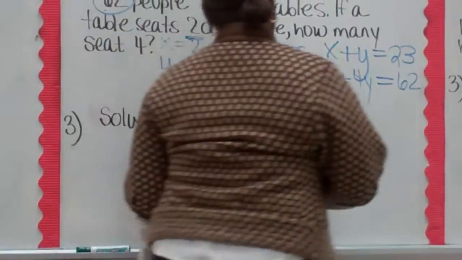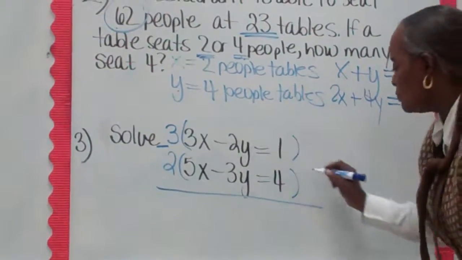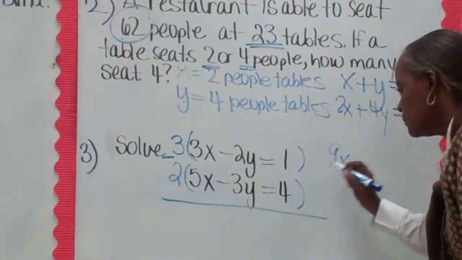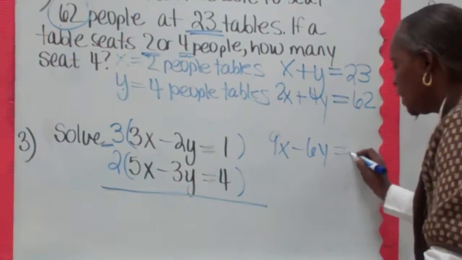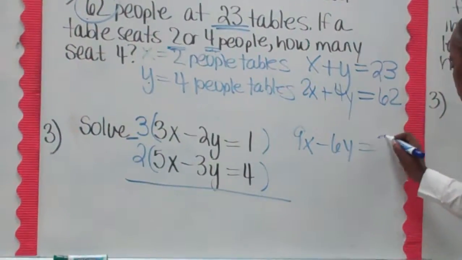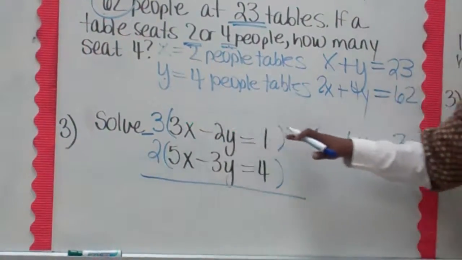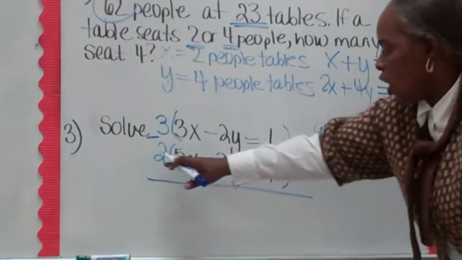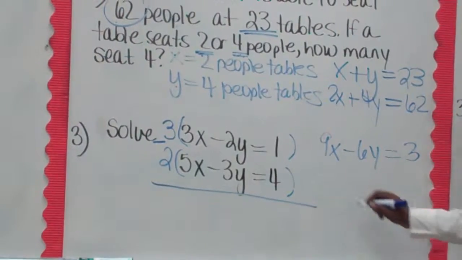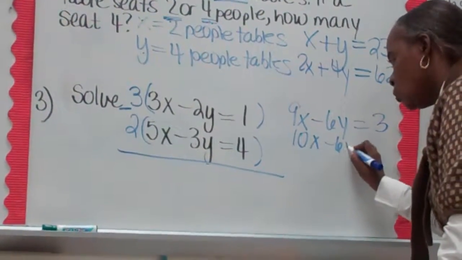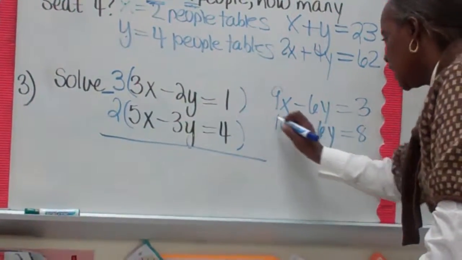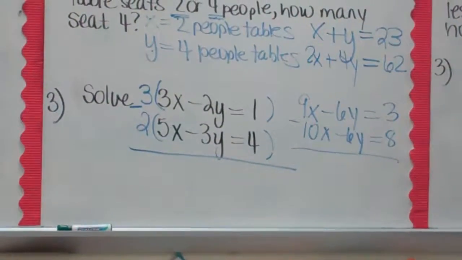Now, I'm going to show that multiplication. 3 times 3x is 9x. 3 times negative 2y is negative 6y equals 3 times 1 is 3. So I multiply the whole equation by 3. I'm going to multiply the whole bottom equation by 2 so that I have 10x minus 6y equals 8, and I'm going to subtract the 2 equations.